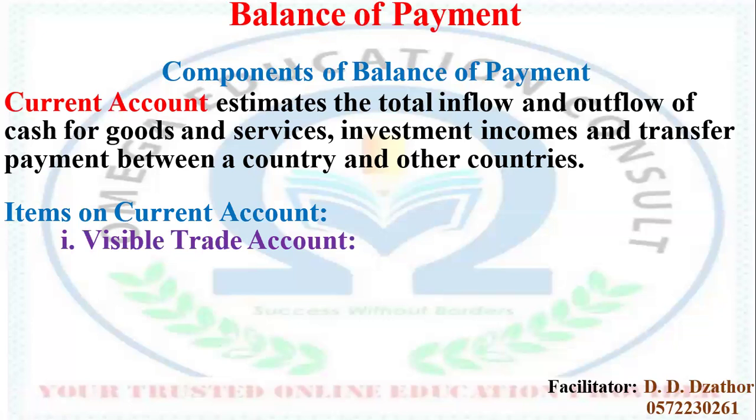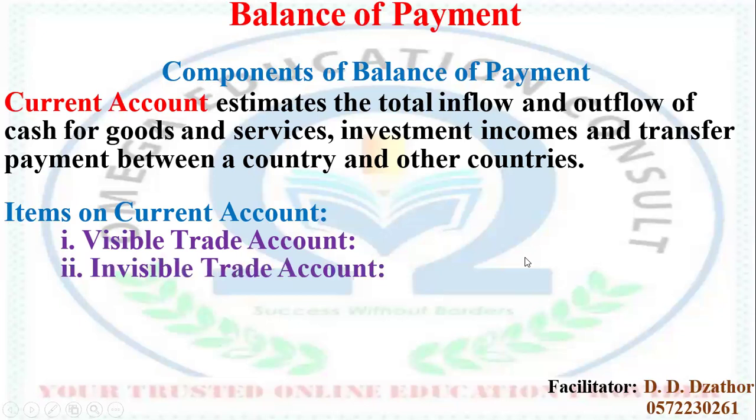Take note that this is only about visible products. When we talk about the visible trade account, it's the relationship between the amount of money we get for exporting visible goods and the amount of money that we pay for importing visible goods. And this is the same as the balance of trade.